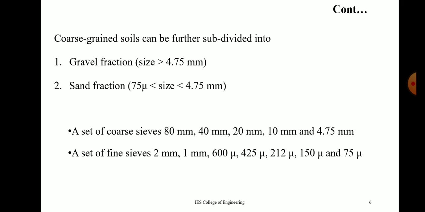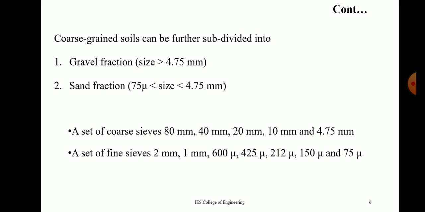Coarse grained soils can be further subdivided into two: gravel fraction and sand fraction. In gravel fraction, the particle size is greater than 4.75 mm, and in sand fraction, the particle size is between 75 micron and 4.75 mm.